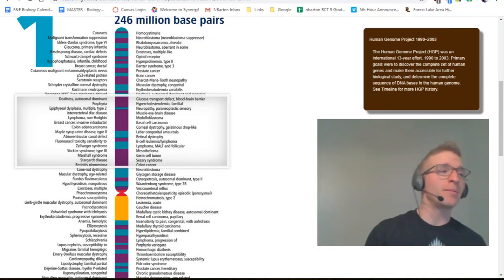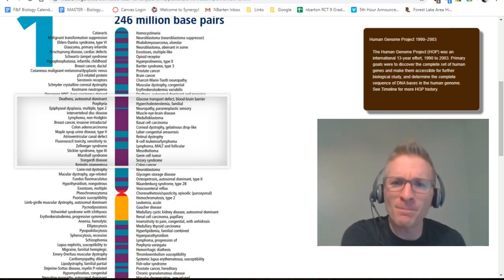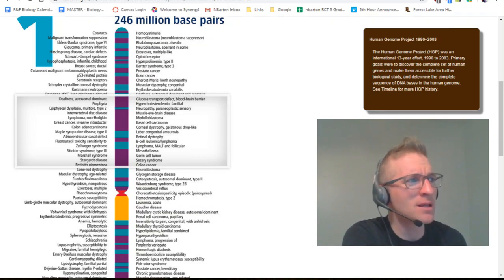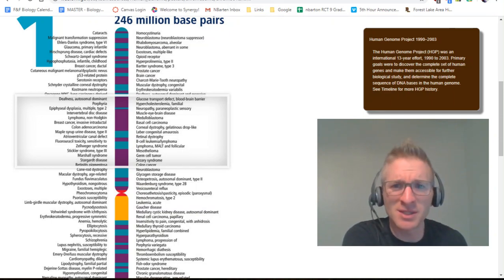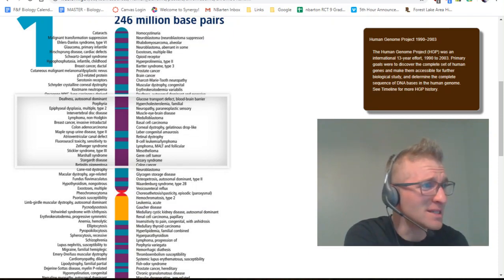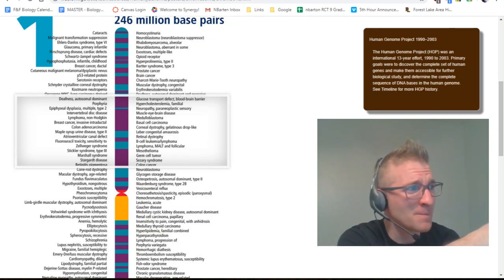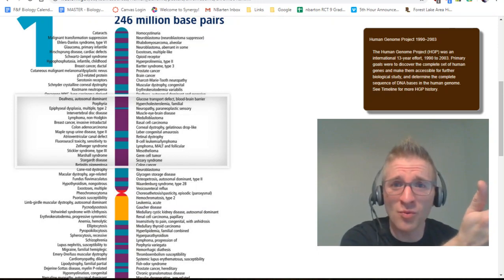So if you have a deformity at that location on chromosome number 1, you might have maple syrup urine disease type 2. And if you do, I kind of want to know about it. Fill us in, please. Below that, the other one I noticed, Zellweger syndrome? I didn't even know Renee Zellweger had a syndrome named after her.